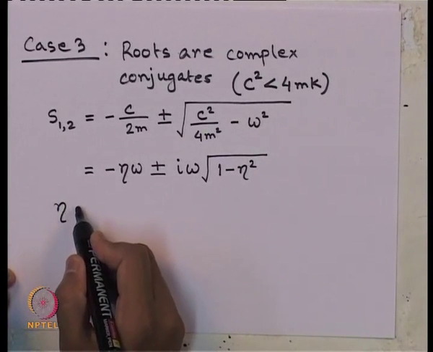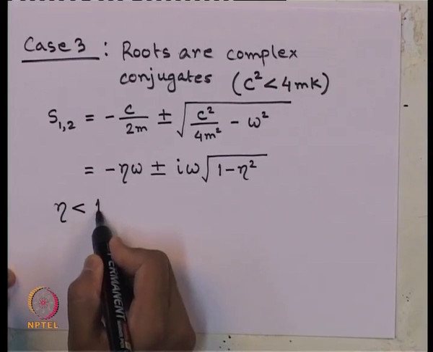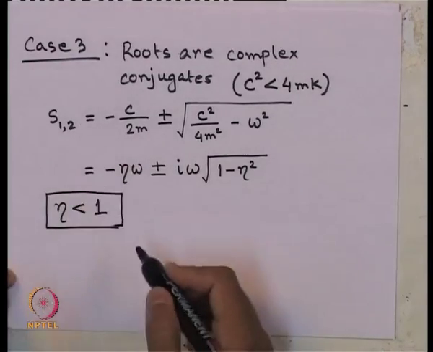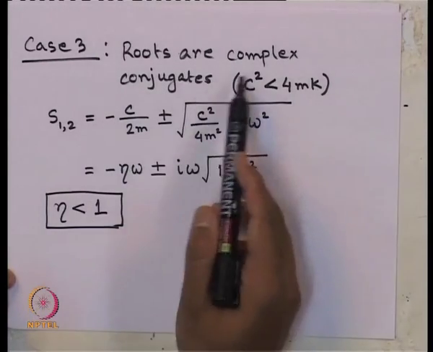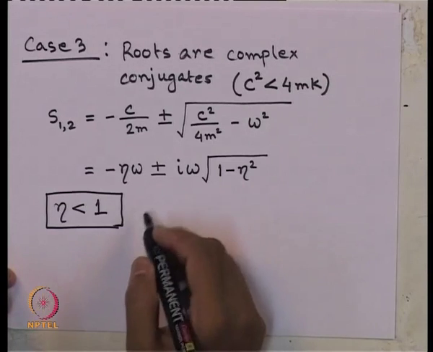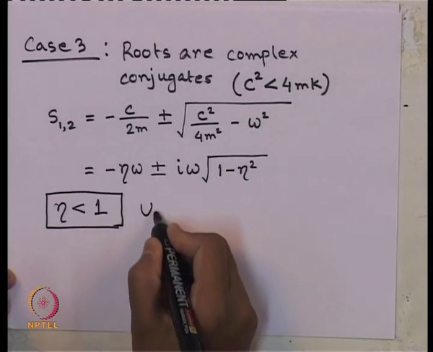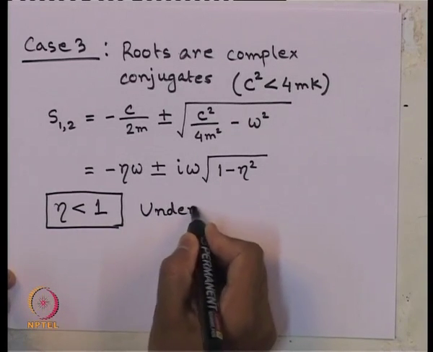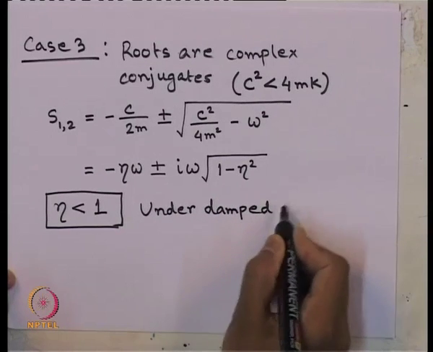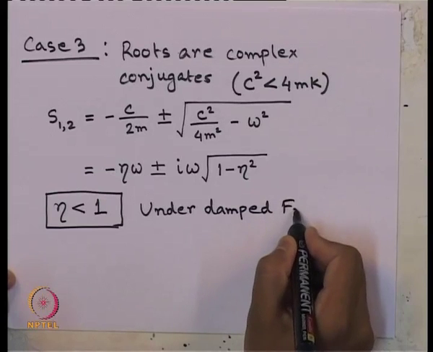Eta is less than 1. So, this is the condition for this case 3 to give us roots as complex conjugate. So, this case is called under damped free vibration.